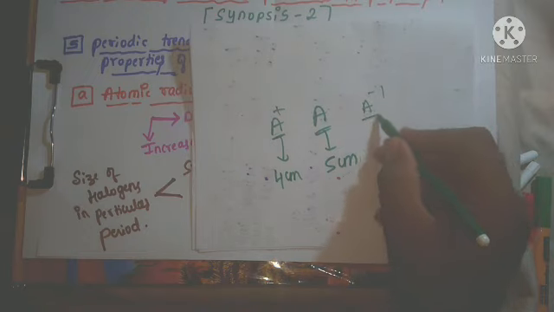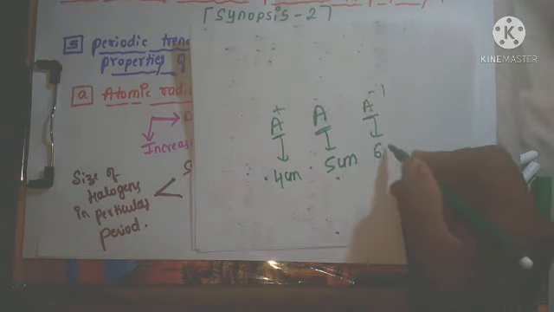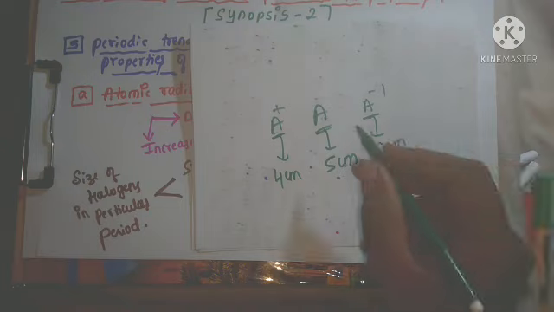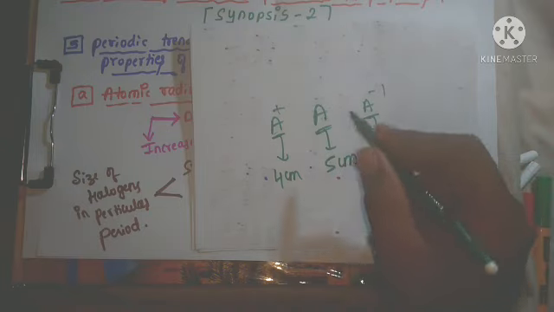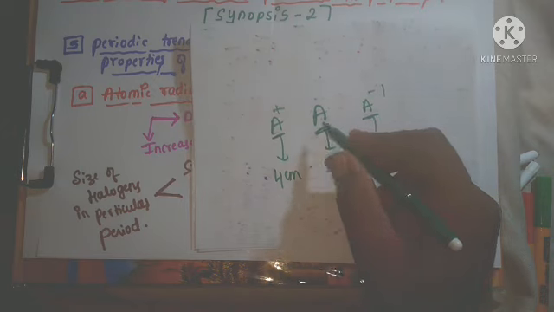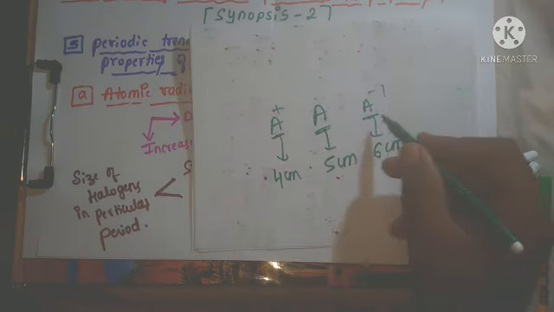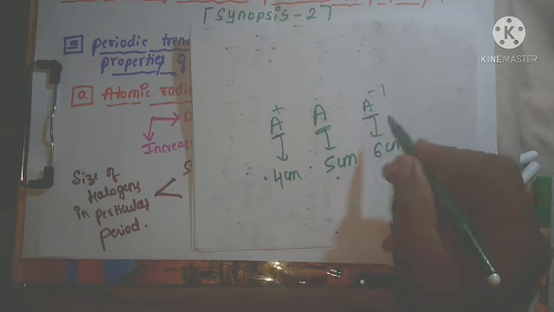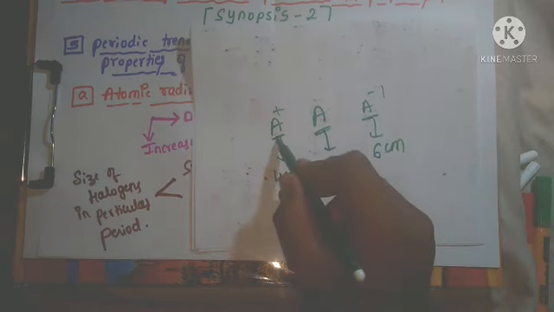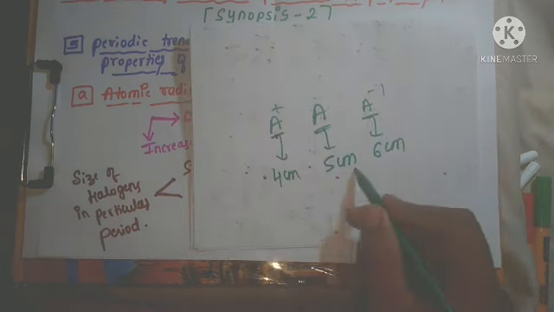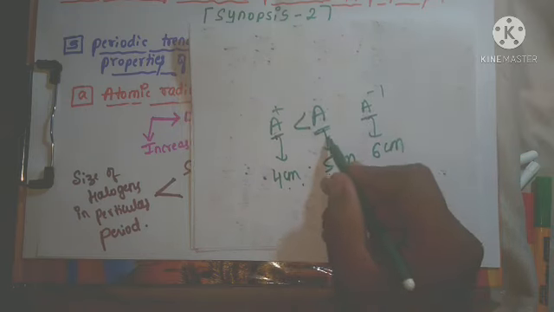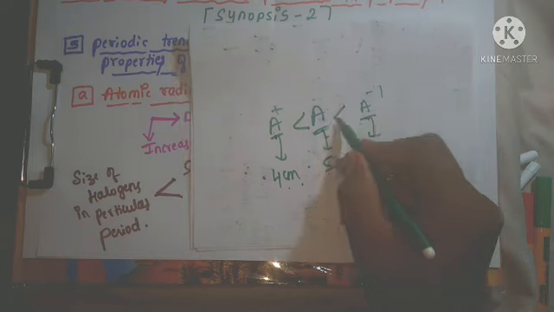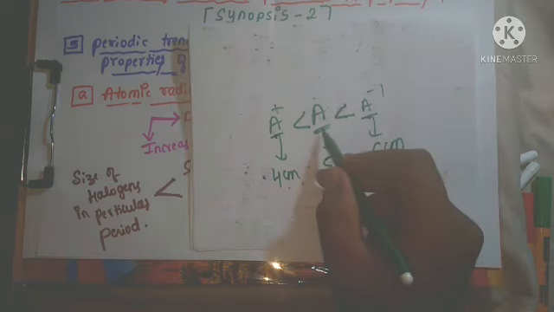A minus means its anion. Its size is, for example, 6 centimeter. It is just basic example, not particular example. For more clarification, I am taking this one. If A is the parent atom, then A plus is the cation and A minus is the anion. Means the size of cation is smaller than that of the parent atom, and the size of anion is greater than that of the parent atom.